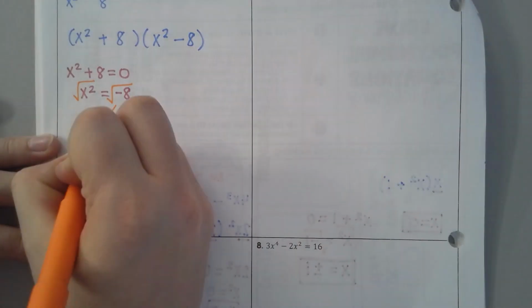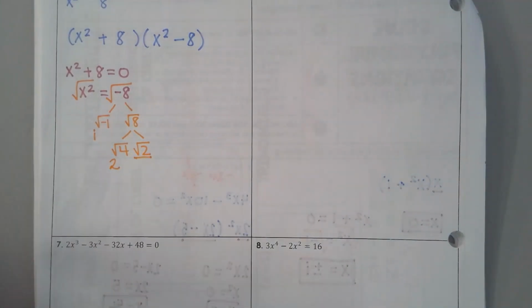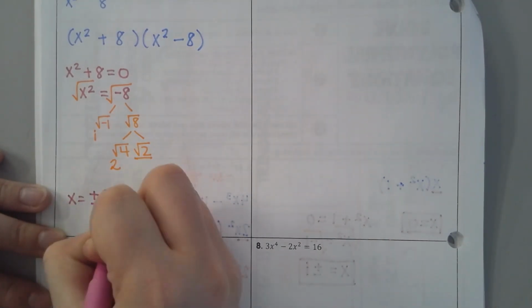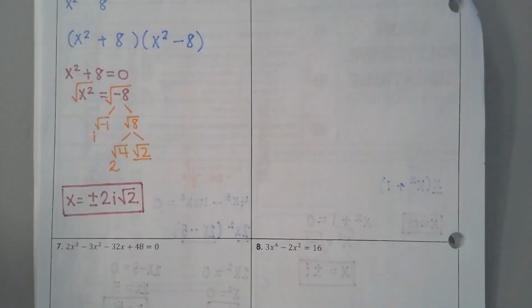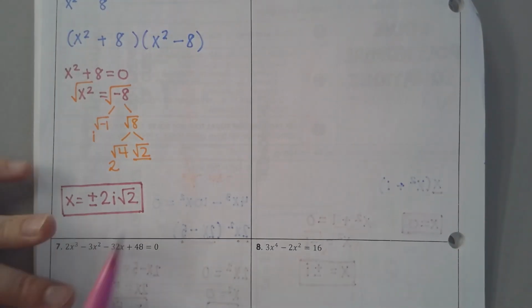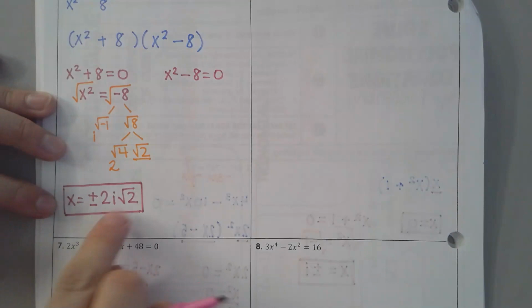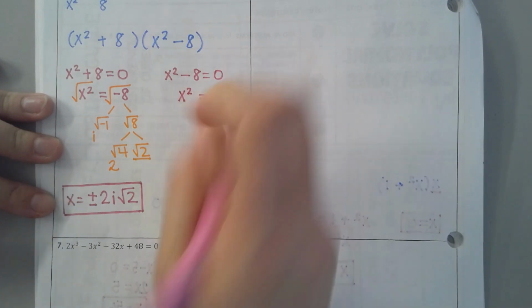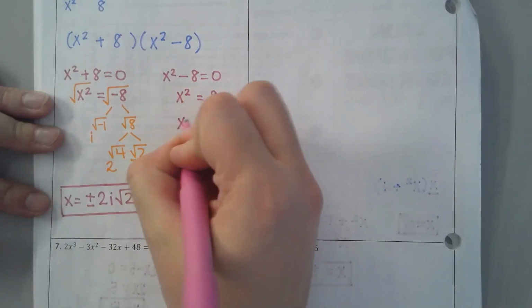And we know the square root of -1 is I. The square root of 4 is 2. That last one just stays. So x equals plus or minus 2i square root of 2. And then we have x squared minus 8 equals 0, which we did on the previous page. It's going to be the same thing as this one, just without the I, because it just doesn't have a negative. So you don't have to write all that out.